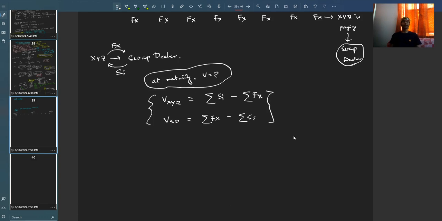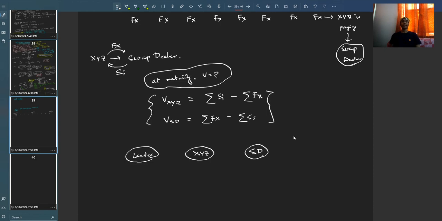How does the cash flow look? Basically there are three entities: the lender to XYZ, XYZ, and the swap dealer, let's call it SD.